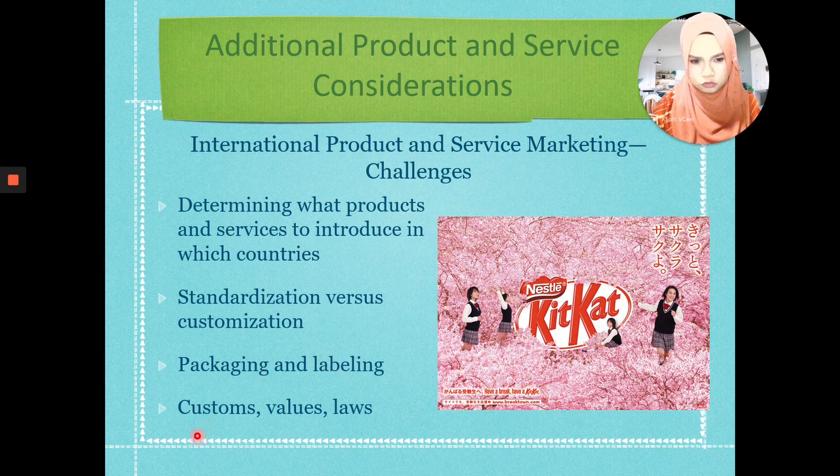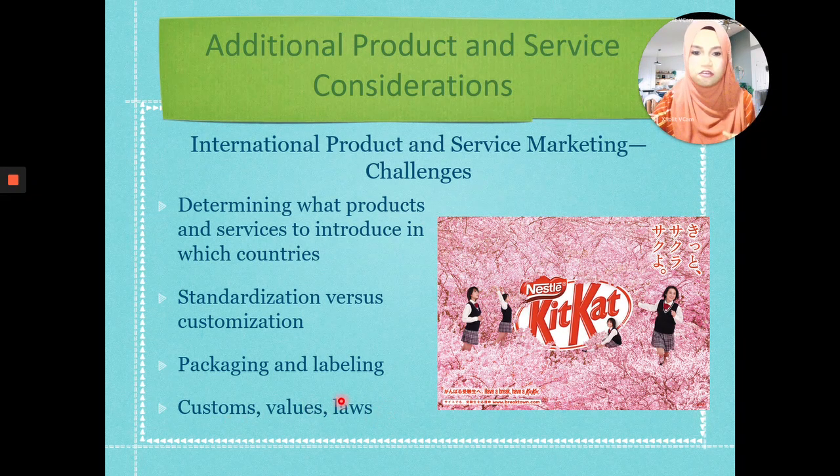And you may also need to understand the customs, values and laws in each country that you operate in. Like I previously told you, when McDonald's went to India, they needed to think of the customs and values in India, whereby they cannot sell beef burgers because a lot of people in India are Hindus, and Hindus think that cows are their goddess. So they don't eat beef. That is when they need to customize, by making vegetable or vegetarian burgers, fish burgers, and so on.